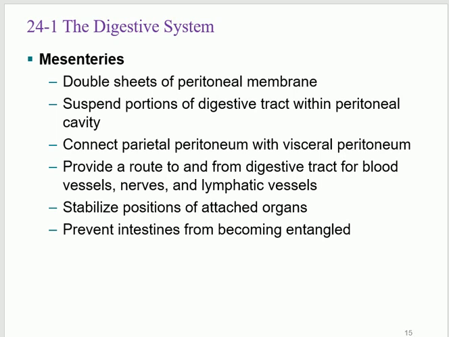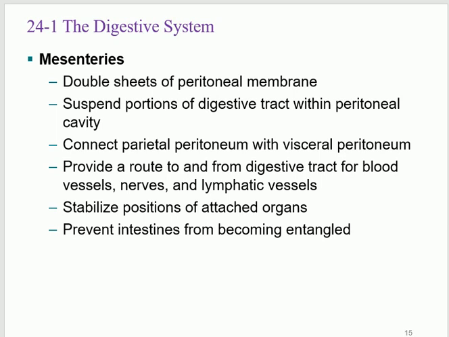So the mesentery is a double layer of the peritoneal membrane surrounding the organs and attaching them to each other and to the wall. Okay? It's a cover of the organs. This is one. It's not separated, so it connects the organs. Number three, it attaches these organs to the wall.